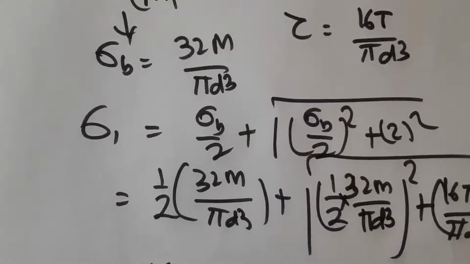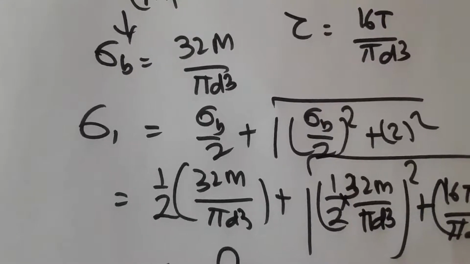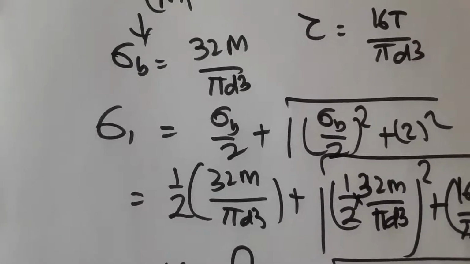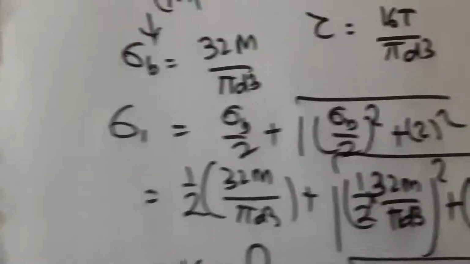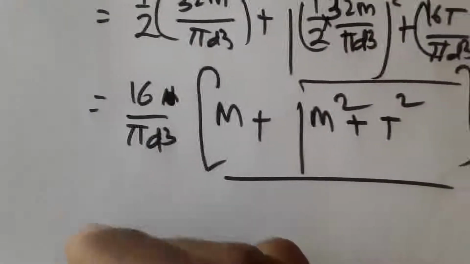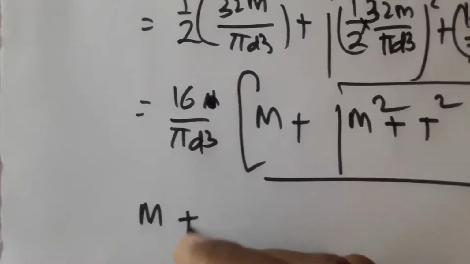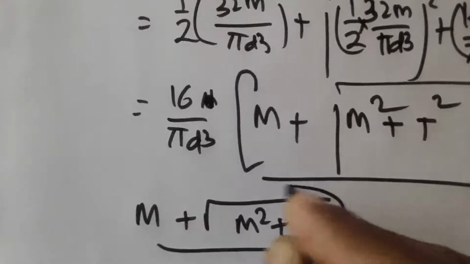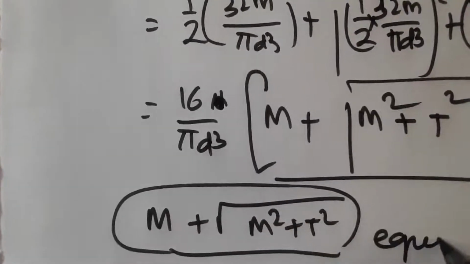That is 16 by pi d cubed into M plus the square root of M squared plus T squared. This is known as the equivalent bending moment. So M plus the square root of M squared plus T squared is the equivalent bending moment.